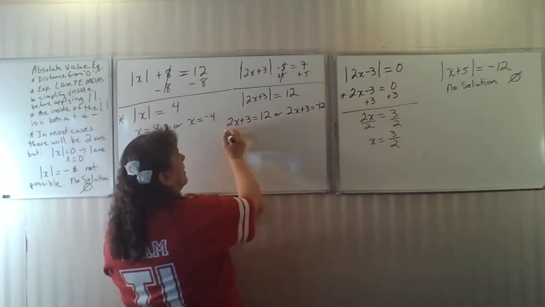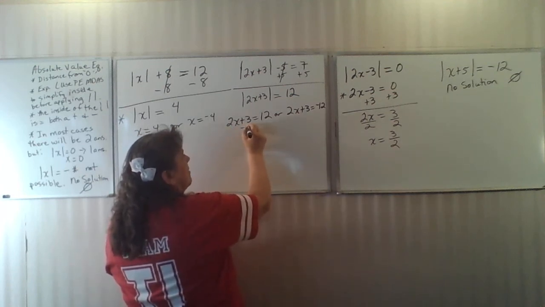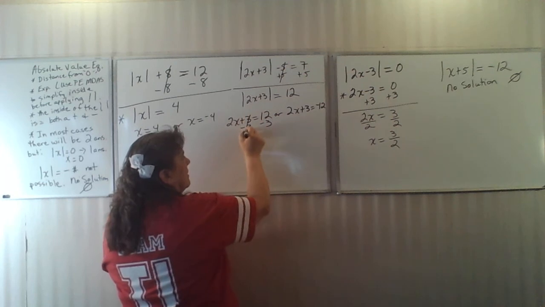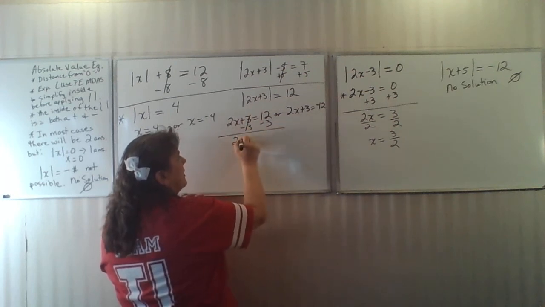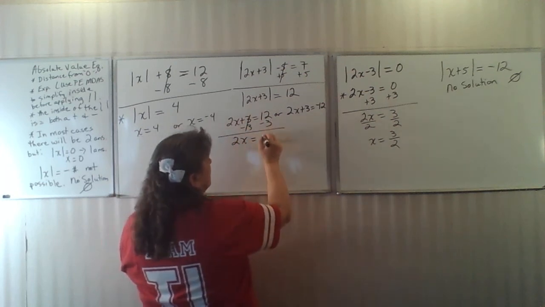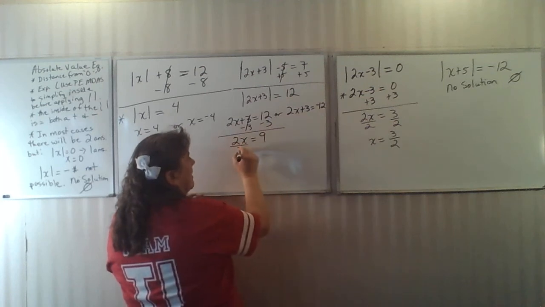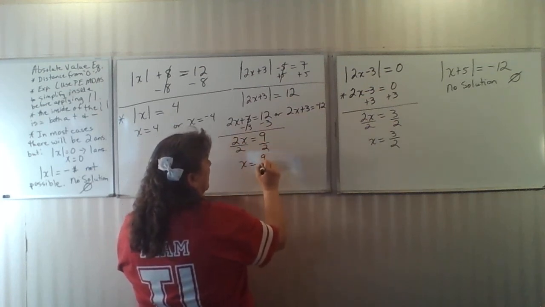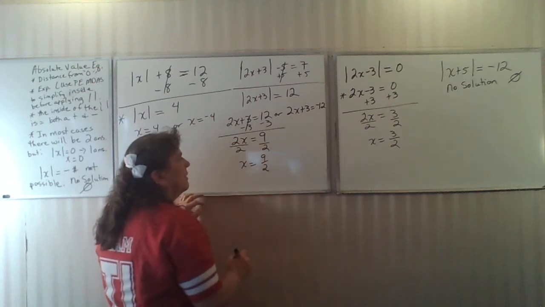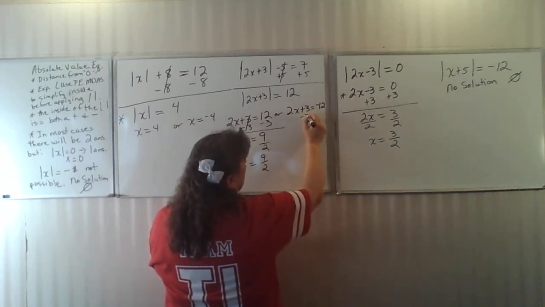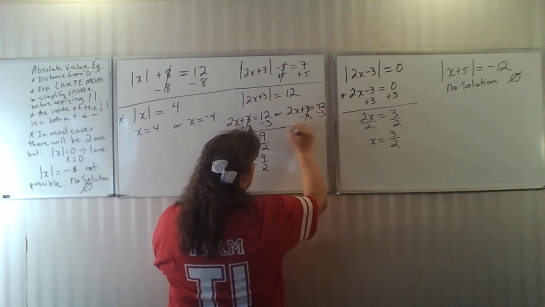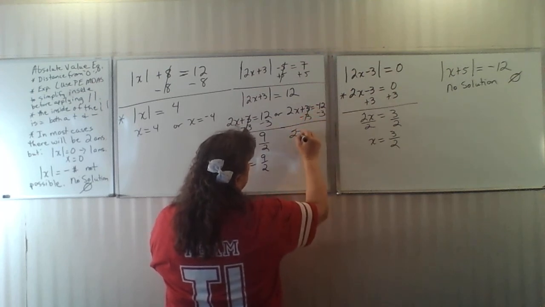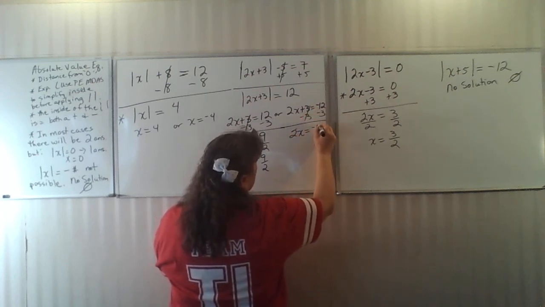Okay? Now, go ahead and solve. Subtract our 3 first to eliminate it, leaving 2x equal to 9. Divided by 2, and I have x equal to 9 halves. Now, same thing here, minus 3. And notice your numbers are nowhere near the same.